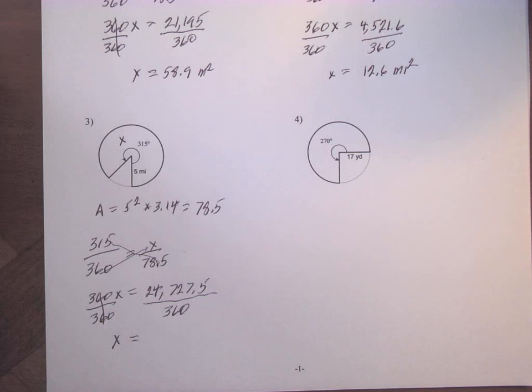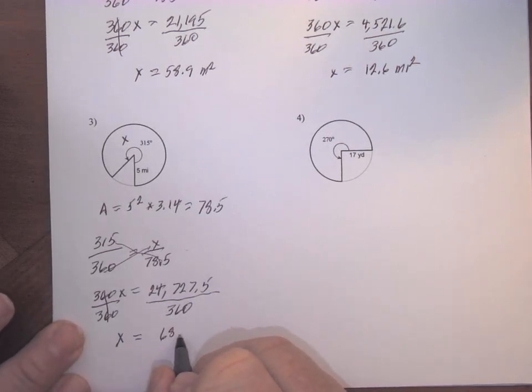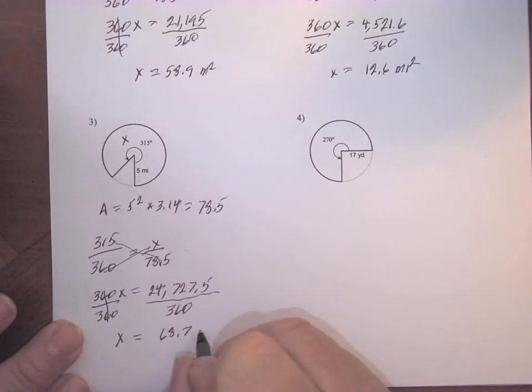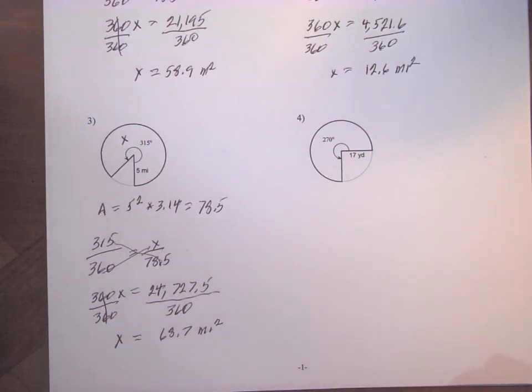And so if we divide that by 360, we get 68.7. And in this case, it's square miles. Okay? All right, only one more to go.